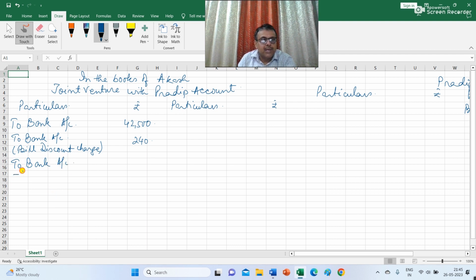So the amount has been paid for carriage outward, and in the inner column I have to write 300 rupees. Then advertisement 500 and traveling rupees 200. So the total amount paid by Akash was rupees 1,000.